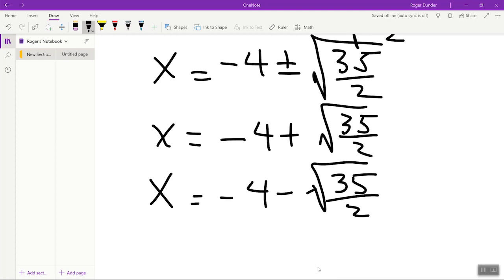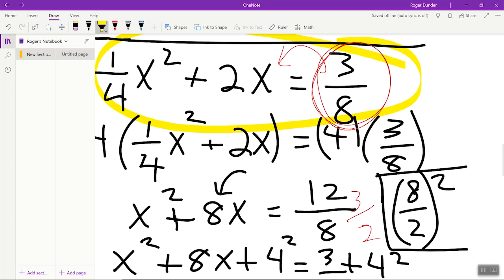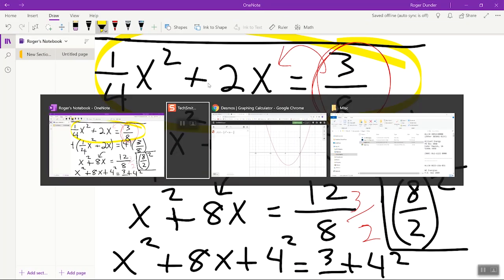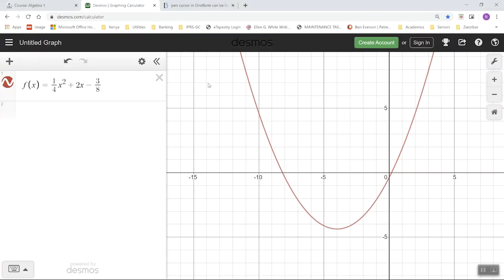So in the first case, this is approximately equal to 0.18. So we jump over to the Desmos graphing calculator and we take a look at it and see what that looks like. Here we go, Desmos graphing calculator right here.